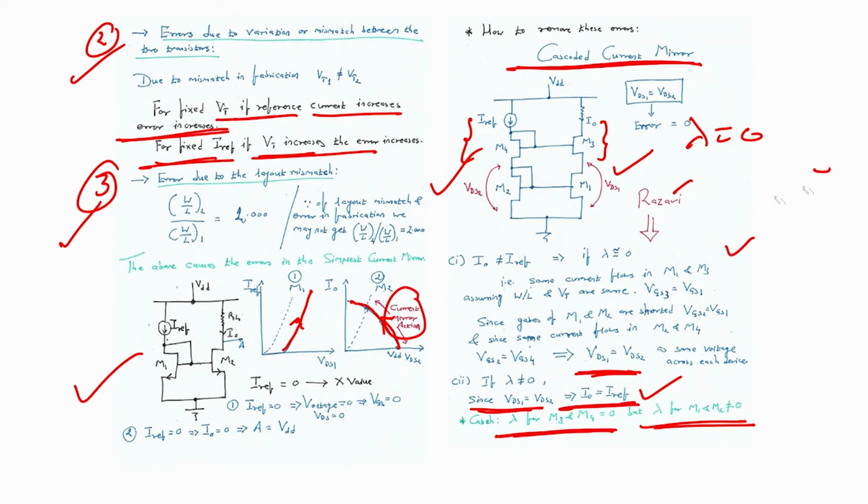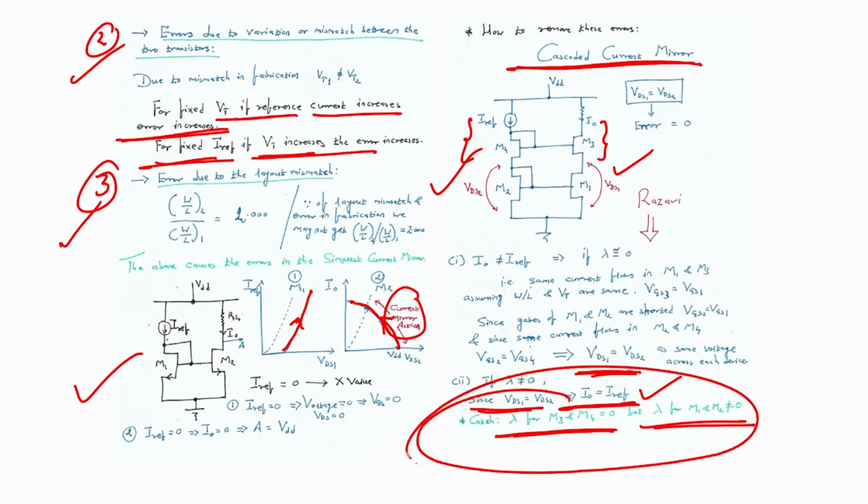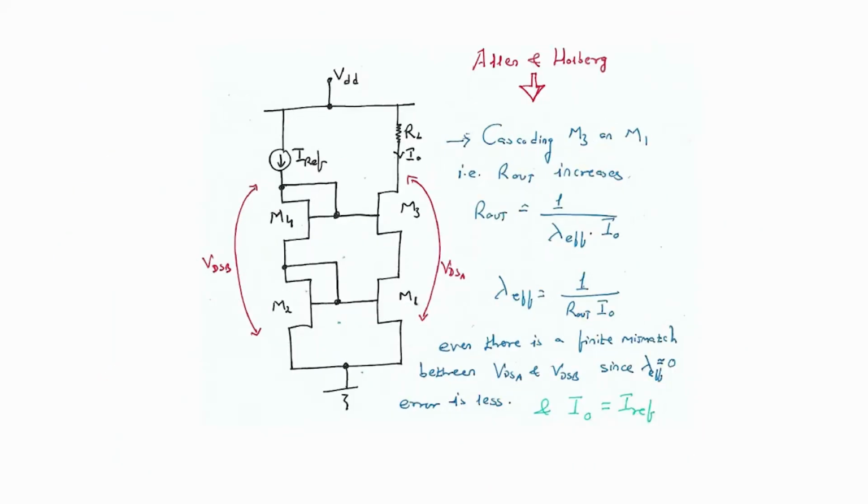Either lambda for all the transistors should be 0, or lambda for all the transistors should not be equal to 0. So, this is a catch when we calculate whether the error is not there using the method proposed by Razavi, all right. So, what can we do? We can see another method that is proposed by Allen and Hallberg.